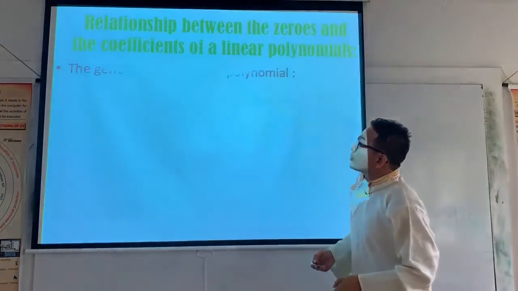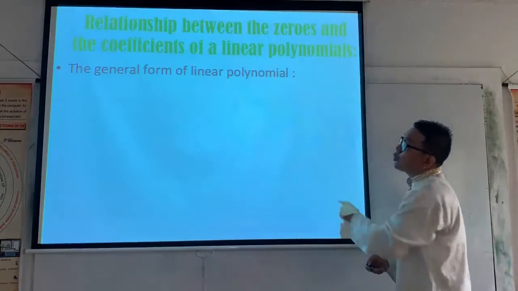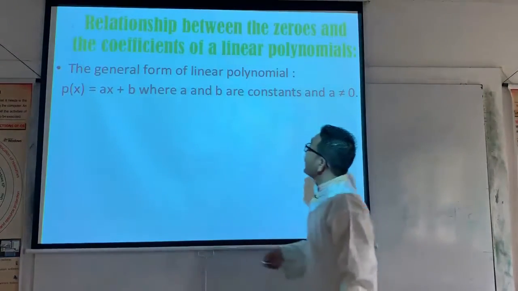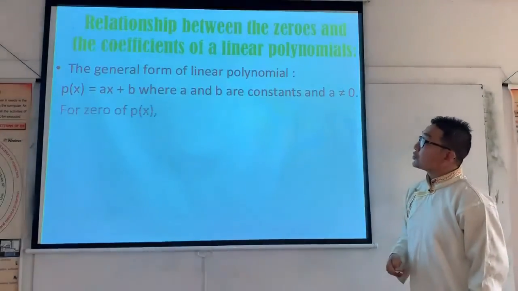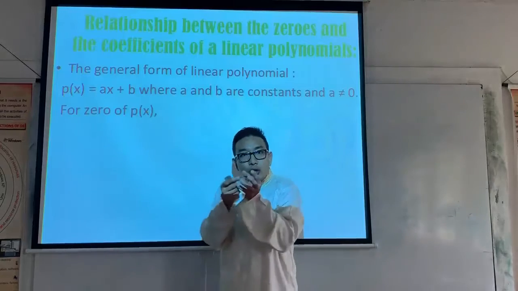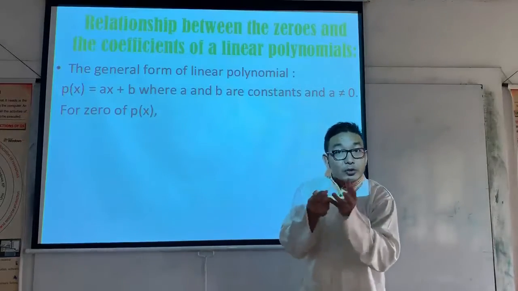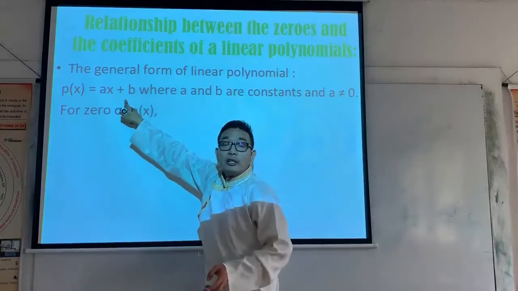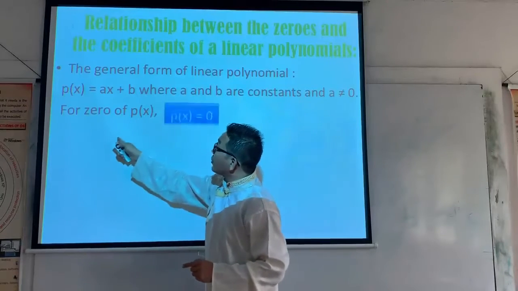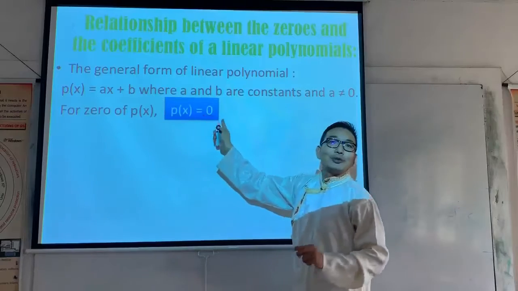Now, the general form of a linear polynomial is of degree 1: ax plus b, where a and b are constants, and a is not equal to 0. For the zero of the polynomial, the condition is p of x is equal to 0.